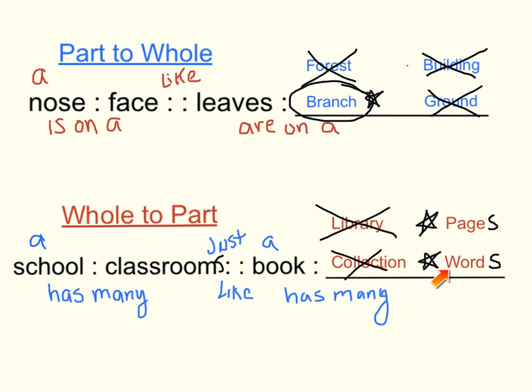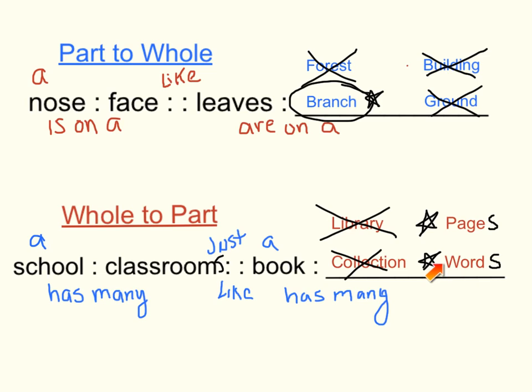Pages or words? So when I'm thinking about it, a book has like thousands of words. Maybe even more than that. Hundreds of thousands, some books, I'm sure. But usually not as many pages as there are words. A school might have thousands of students, but they probably don't have as many classrooms.